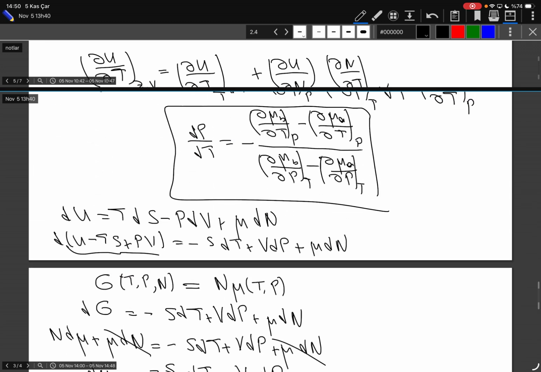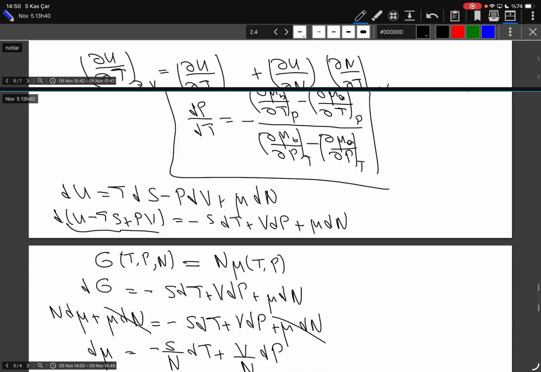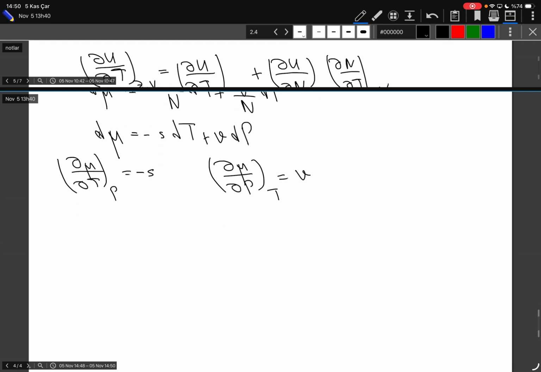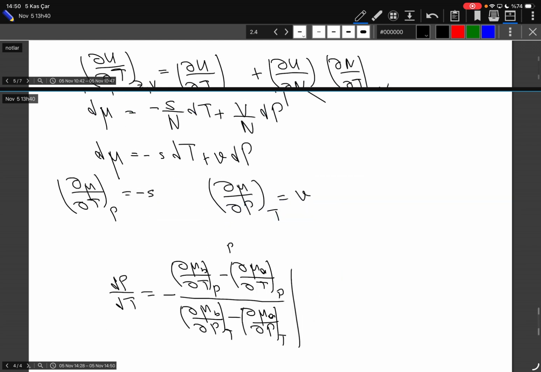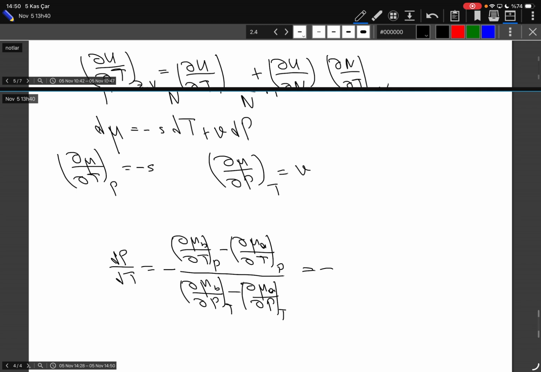So now I can simplify this derivative. This is equal to minus the derivative of the chemical potential with respect to temperature, which is minus the entropy.